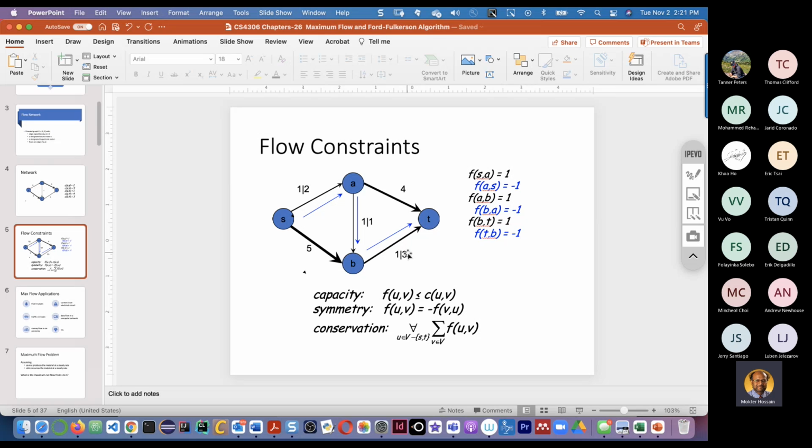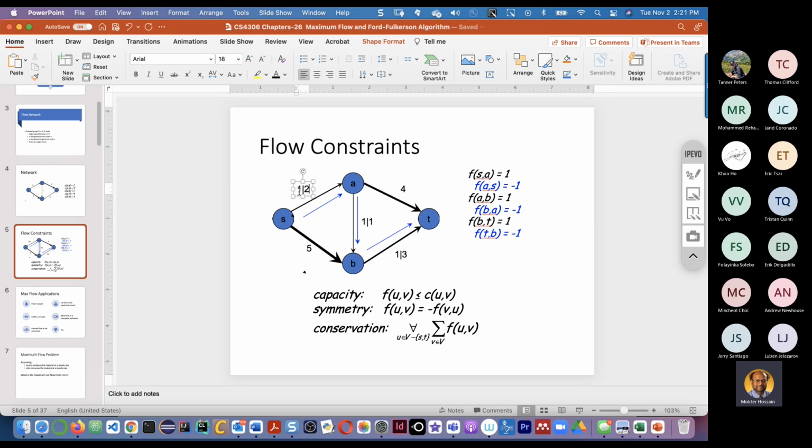And then it has capacity 3 units, and you're passing through 1 unit. The capacity of S to A was 2 units, and I took 1 unit, so another 1 unit remains. That means S to A has another 1 unit.